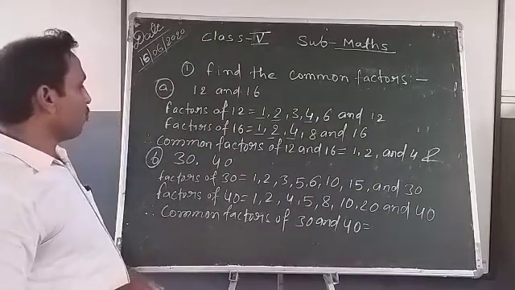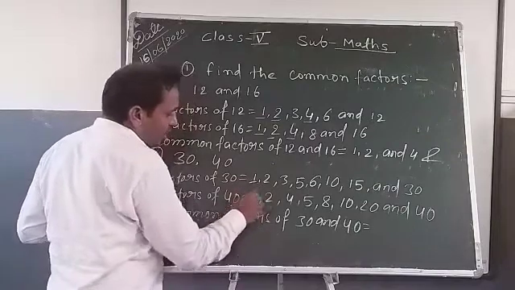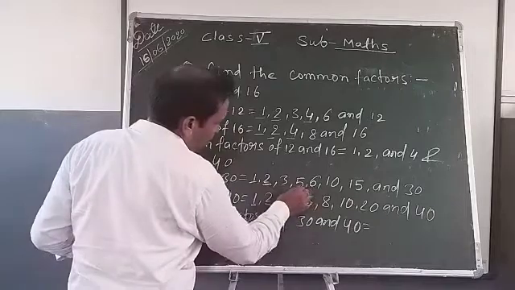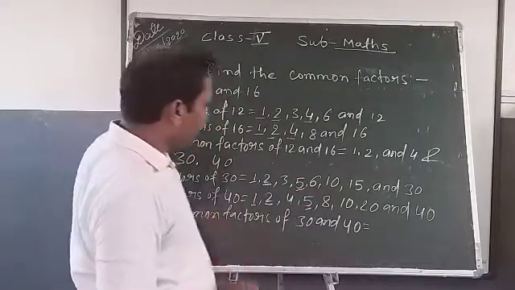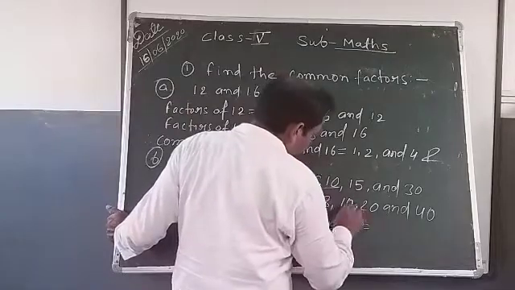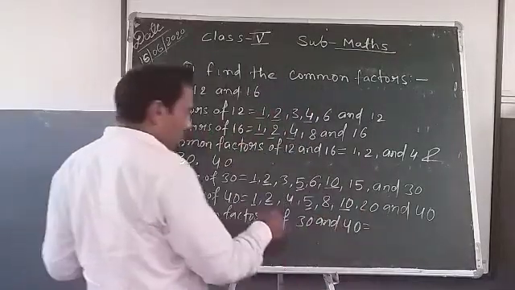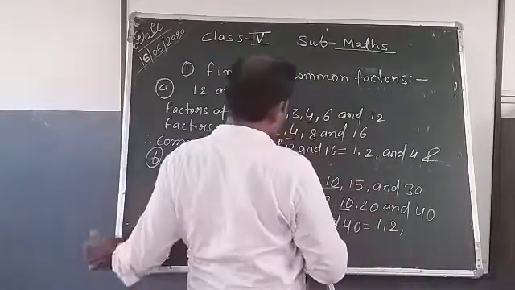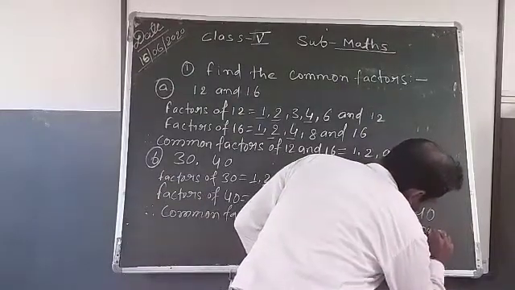Common factors of 30 and 40 equal to: see here, 1 is both numbers' factor, 2 is both numbers' factor, and 3 not, 4 not, 5 is both numbers' factor, and 10 is both numbers' factor. So you also write 10, and anyone else? No. So the common factors of 30 and 40 are 1, 2, 5 and 10.